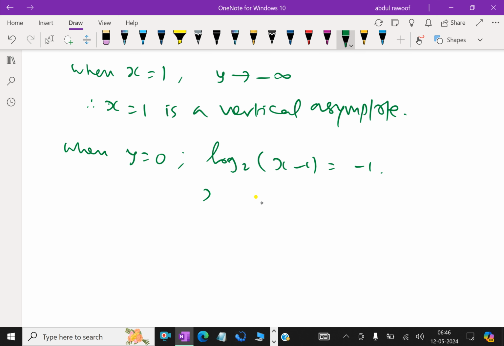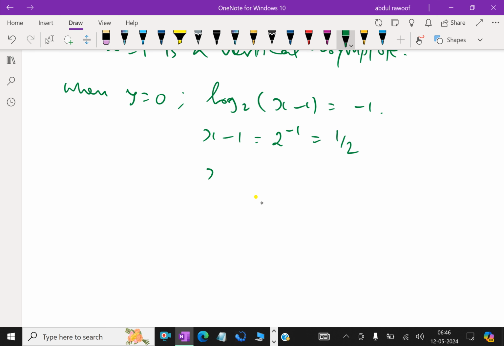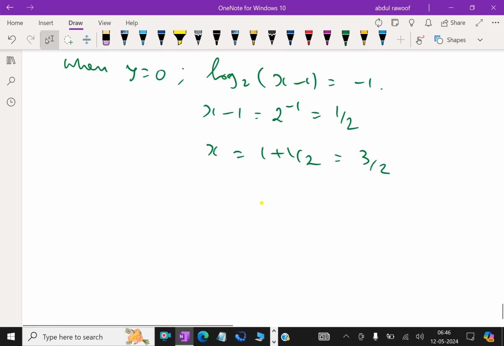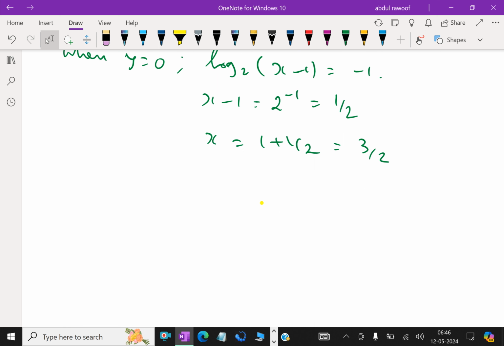Then x minus 1 equal to 2 power minus 1, which is equal to half. Then x equal to 1 plus half is equal to 3 by 2. Therefore x-intercept is 3 by 2.